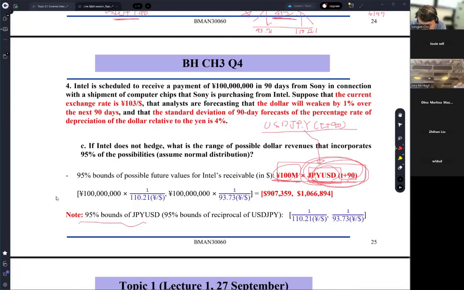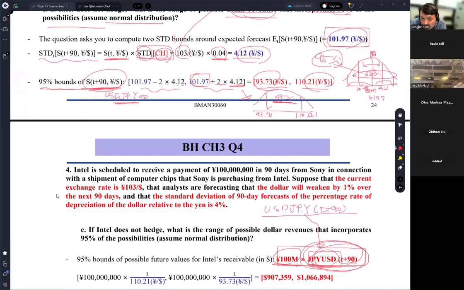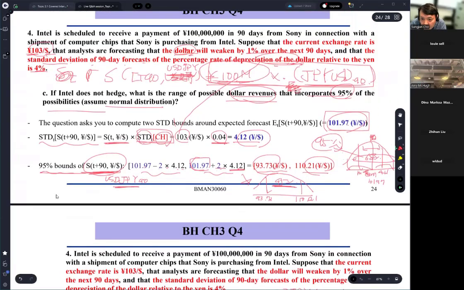So the 95% bound of JPY USD is a reciprocal. Why is this reciprocal? Previously, here, 93.73, 110.21. That's the 95% bound of this one, USD JPY. Now the 95% bound of USD JPY reciprocal: reciprocal of this one, reciprocal of this one.